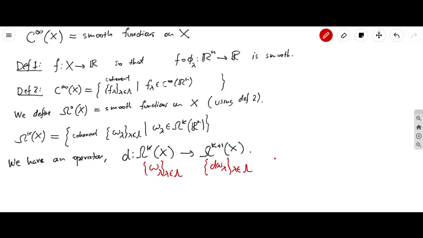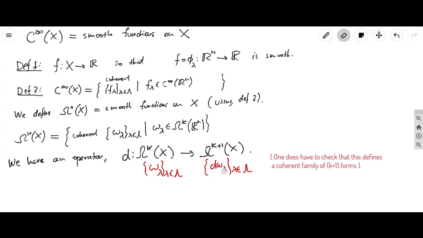So one does have to check that this defines a coherent family of k plus 1 forms. But assuming that this is true, if you're willing to accept this fact, then you see, these are k-forms defined on every chart. When you apply the exterior derivative on these Euclidean forms, you increase their degree.